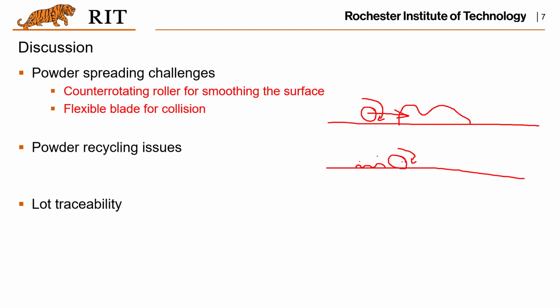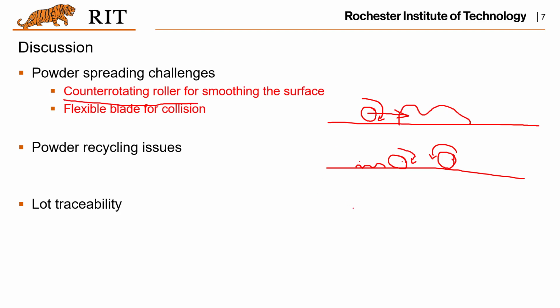So instead of rotating in a clockwise direction, this roller tends to rotate in the counterclockwise direction, such that if there's some bump, that will make the surface smoother. So that's why we need a counter-rotating roller.